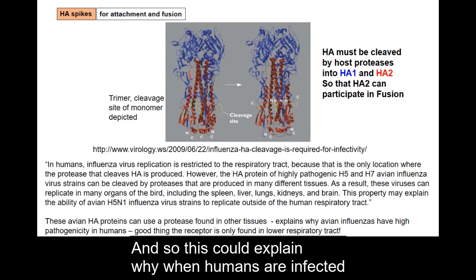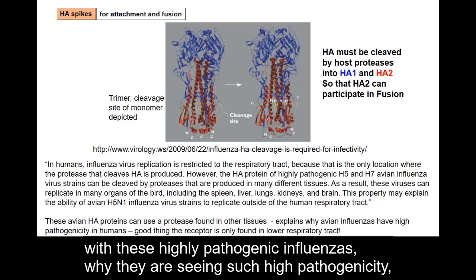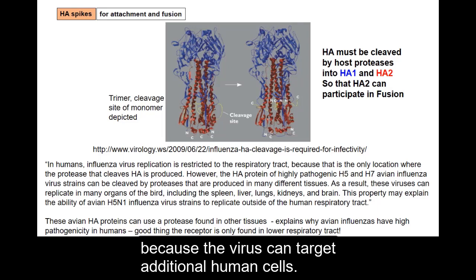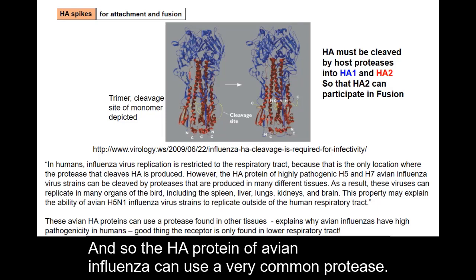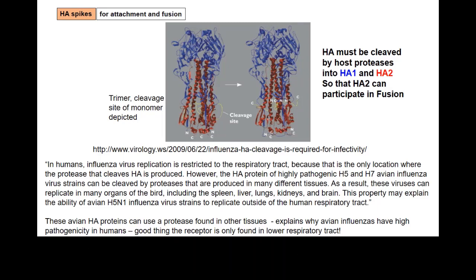And so this could explain why, when humans are infected with these highly pathogenic influenzas, they're seeing such high pathogenicity, because the virus can target additional human cells. And so the HA protein of avian influenza can use a very common protease.